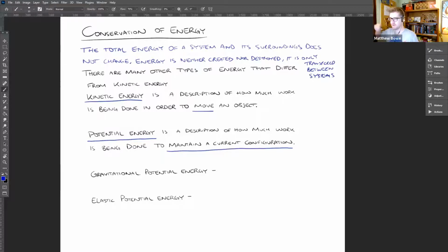I think there are several other types that we're not going to go into, like chemical potential energy. If you were to go into physics 4B, there's thermal energy or thermal potential energy. So these two are what we'll cover today, and you'll most likely see around this class.